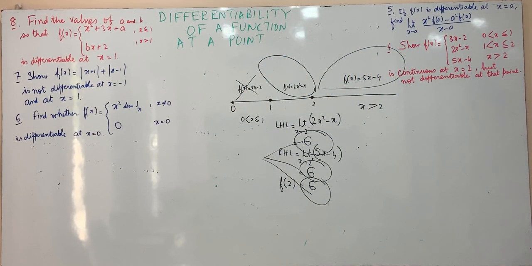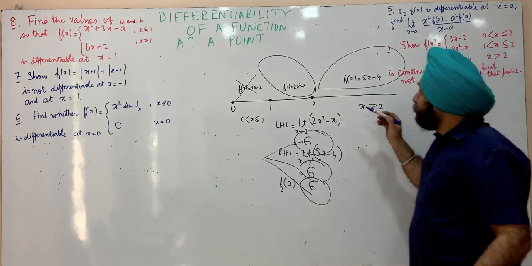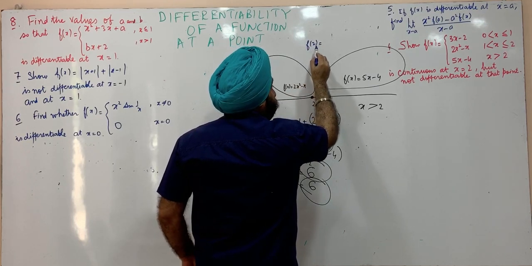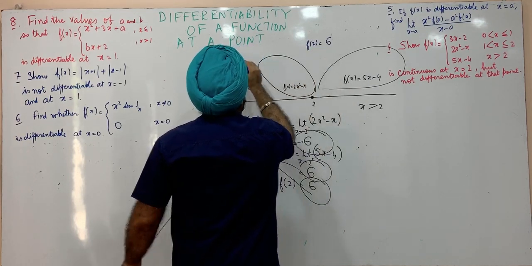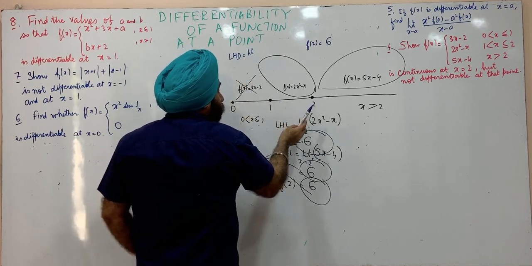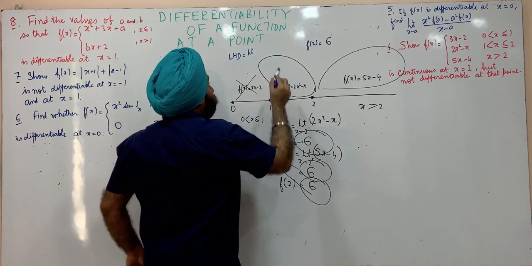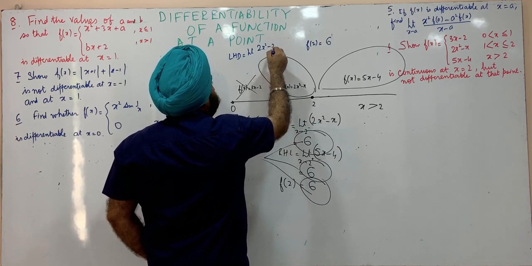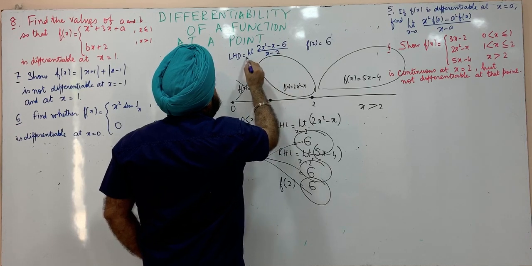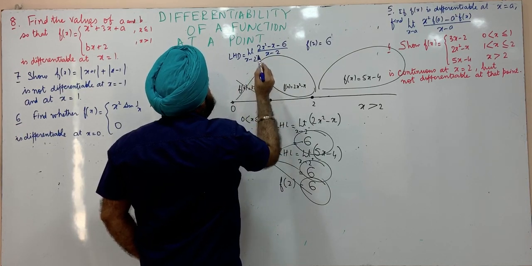Next, we have to show that it's not differentiable at x equal to 2. For differentiability, we find out the left hand derivative. So we need f of 2. F of 2 is 6. We find out the left hand derivative, it's the limit of f of x to the left of 2. This is the function. So 2x square minus x minus f of 2 upon x minus 2 as x approaches 2 minus.